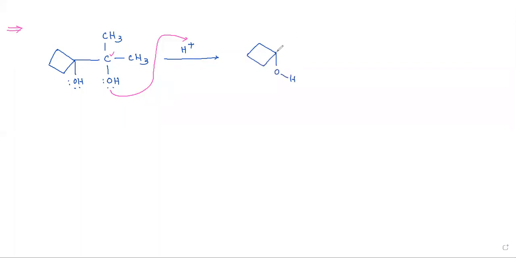Okay. By plus I. See, if we simply generate a positive charge at this carbon, now that will be less stable because this particular group, I mean the cyclobutyl one, has got steric or let me say angle strain. It has got some strain. So let me first develop a positive charge on this carbon.